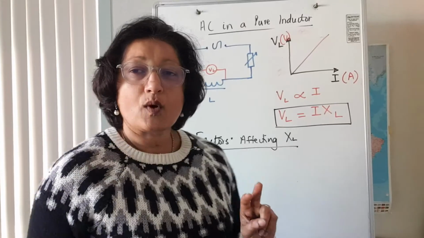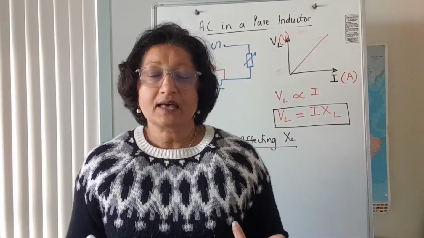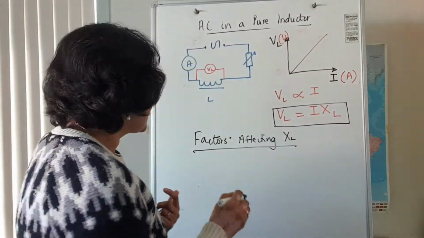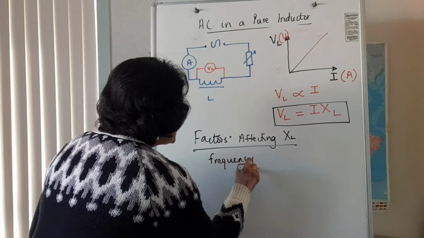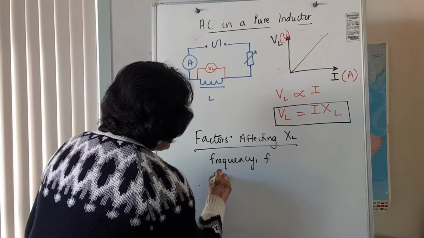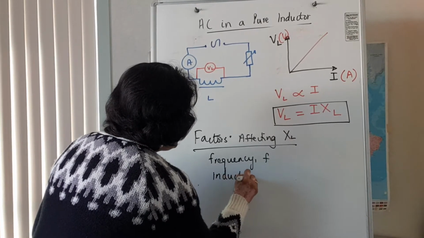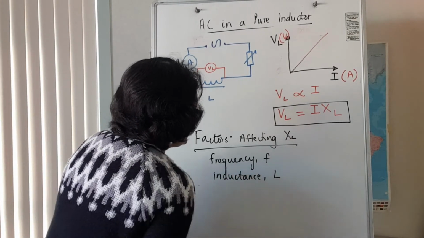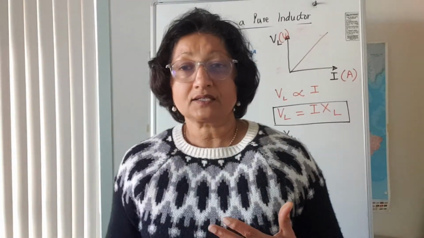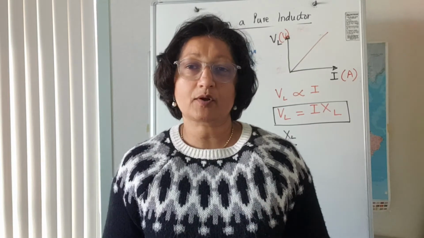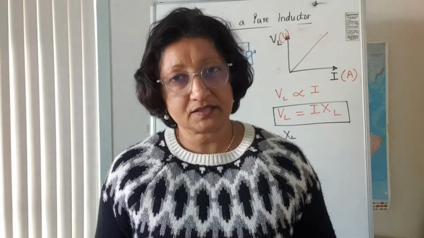There are two things: the frequency of the supply, which is f, and the inductance, which is L. Again, what we have to keep in mind is that when the reactance is large, because it's a current limiting property, the current is going to be small.